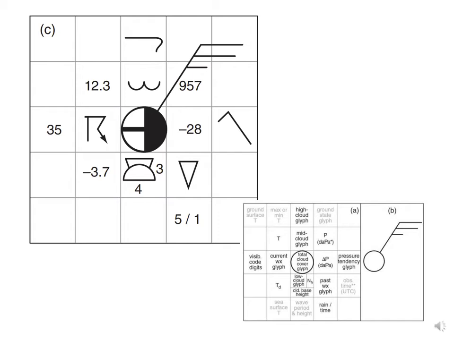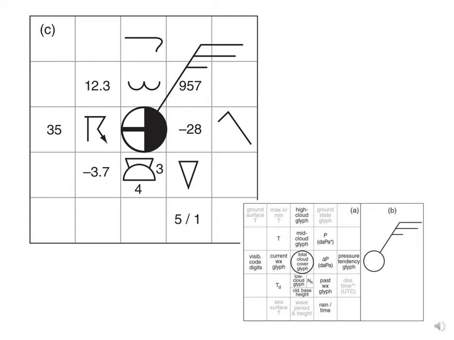The 3 next to the cumulonimbus glyph basically says that the fraction of low clouds is category 3. And then at the bottom, we have 4. We have a cloud base height, which is category 4. And then we also have precipitation in the bottom right, where we have units of 1 hour, and we have 5 units, and the units in the United States are hundredths of an inch, so that's 5/100ths of an inch of rain in 1 hour.